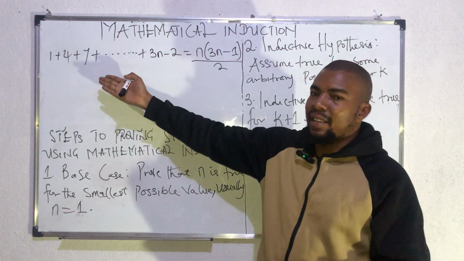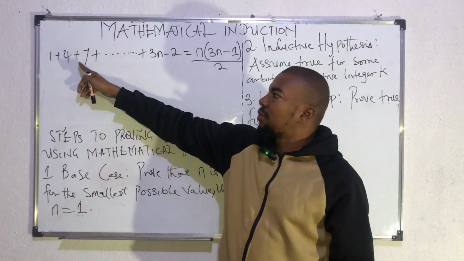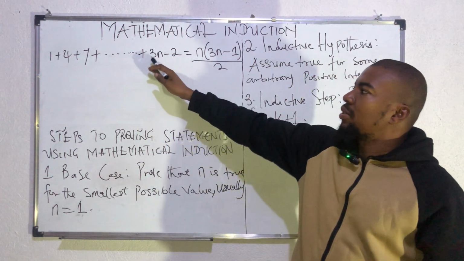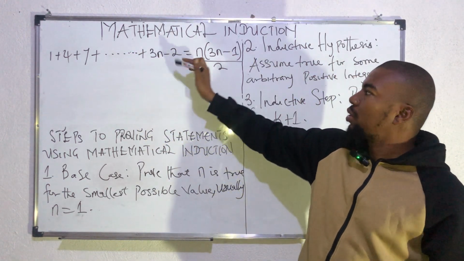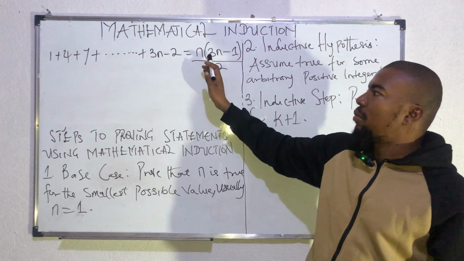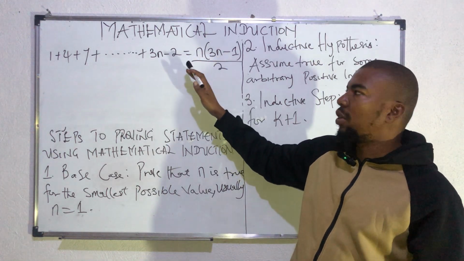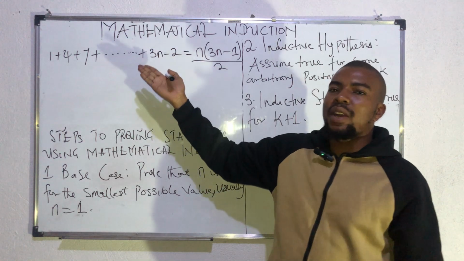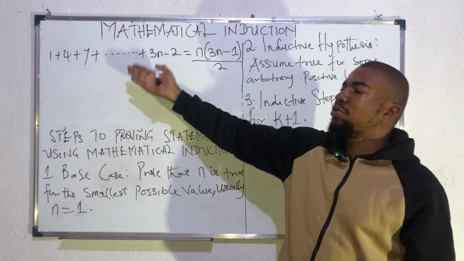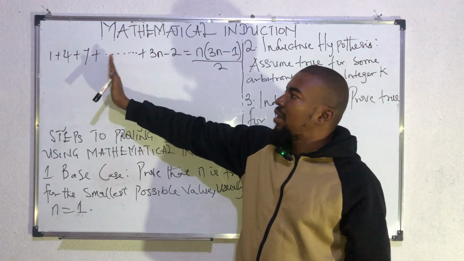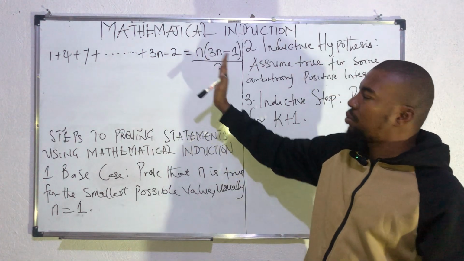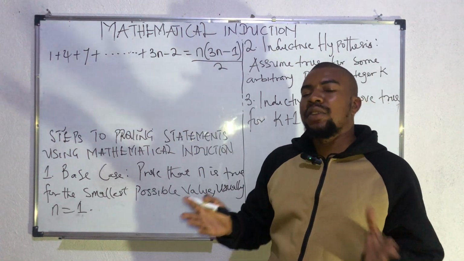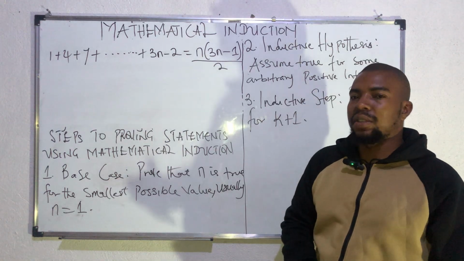This statement says that 1 plus 4 plus 7 plus dot dot dot plus 3n minus 2 is equal to n multiplied by 3n minus 1, all over 2. We are going to try to prove this statement, to show that the left-hand part is equal to the right-hand part. That is the goal of the principle of mathematical induction.